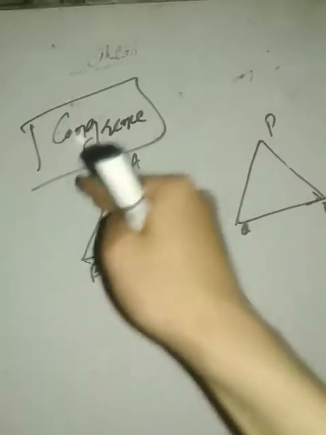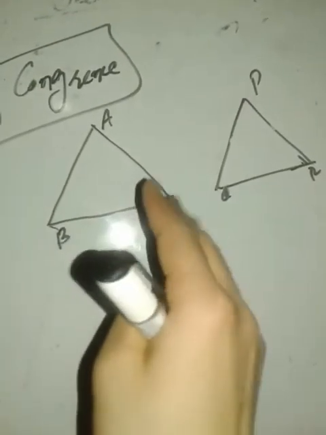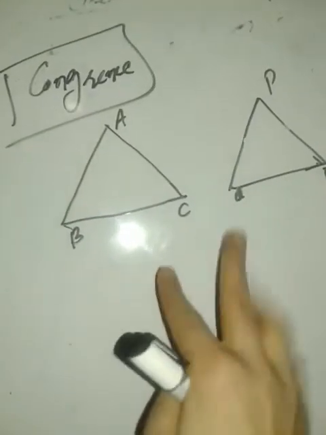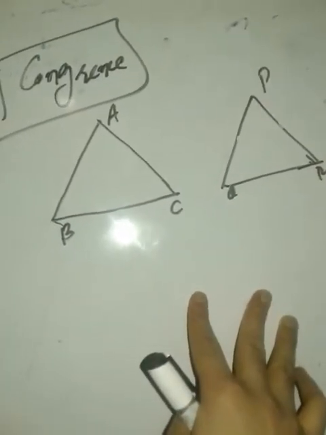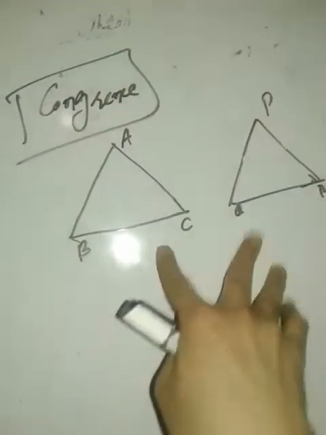Whenever this property holds for any geometrical figures, not necessarily triangles, we say these two figures are congruent. But here we have to deal with triangles, so we will read about triangles only.